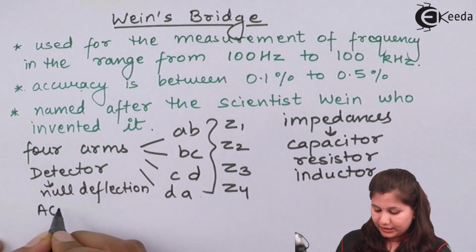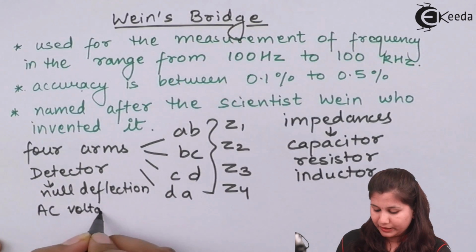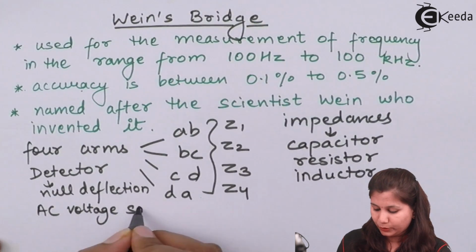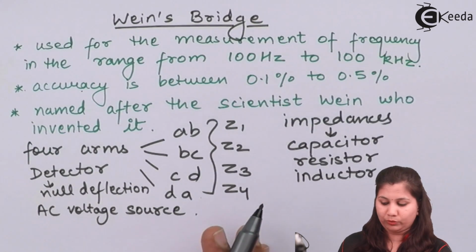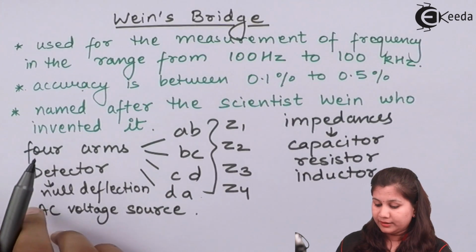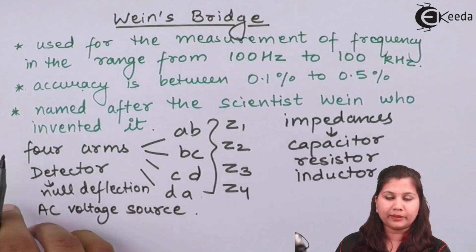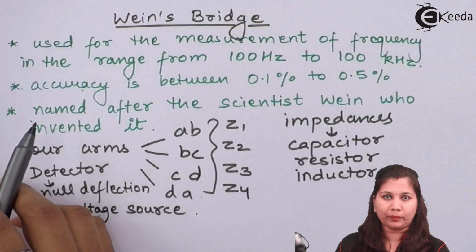Also we have an AC voltage source which provides the power supply to the bridge network. So we will have these 3 components in the bridge network. Now let us see the circuit diagram for this Weins bridge and then derive the balance equation for it.